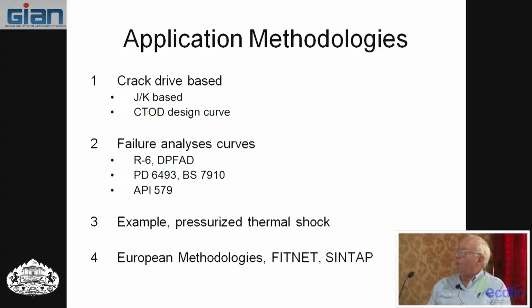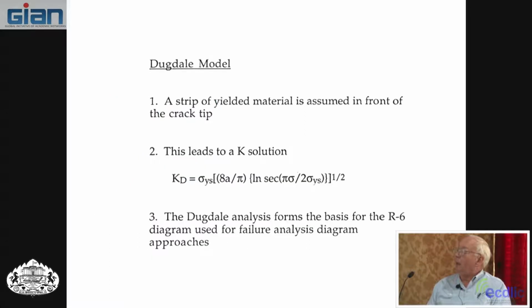So failure analysis curves, talk a little bit about them. They talked about the Dugdale strip yield model, and that's going to come up again a little later, but he had a case solution that's given like this. Again, this is yield stress, the log of the secant. The secant is 1 over cosine.